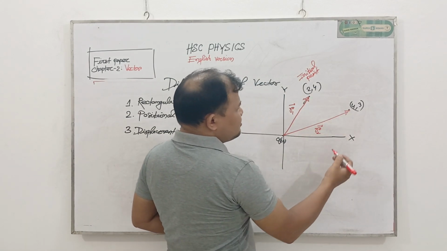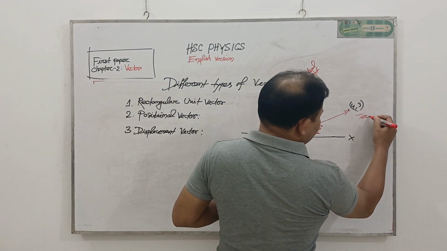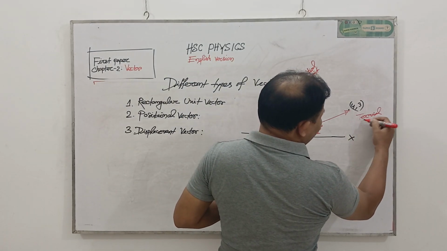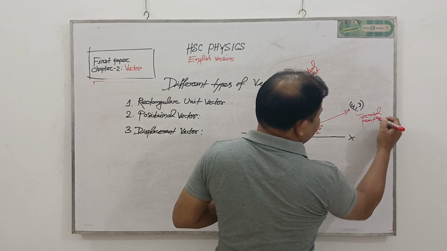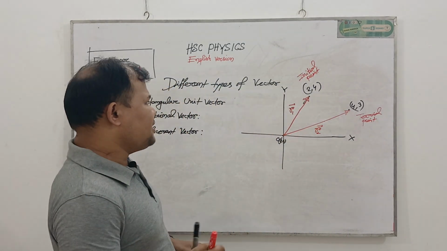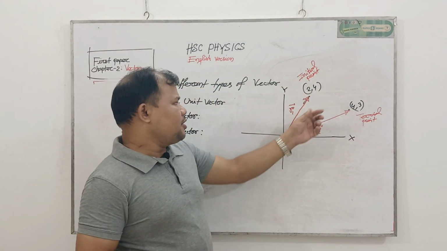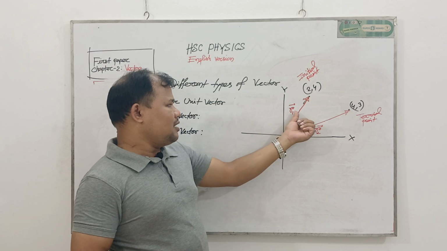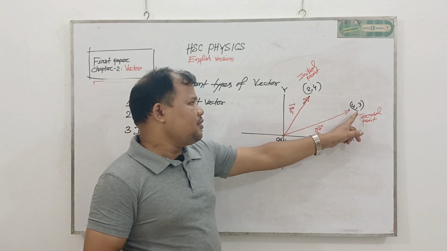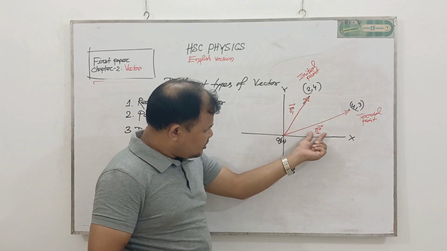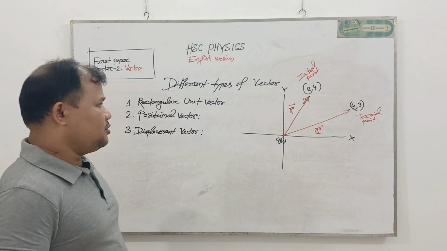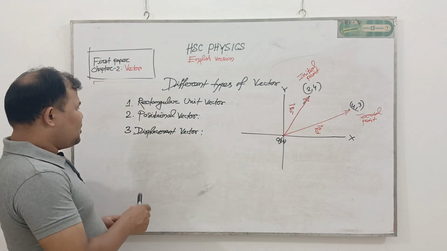So this is the terminal point. Why do we call this point the terminal point? Because at first we identify the point (2, 4) using positional vector R1, then we identify (4, 3) using the R2 positional vector. My dear students, what is displacement?